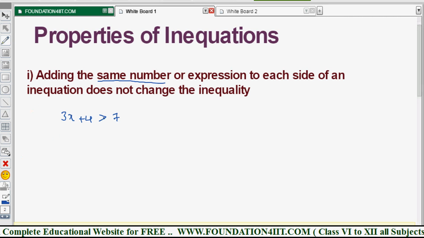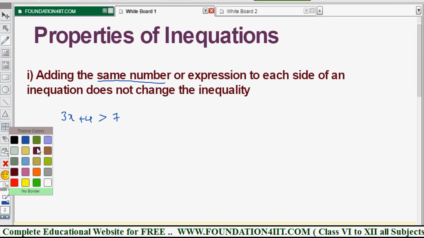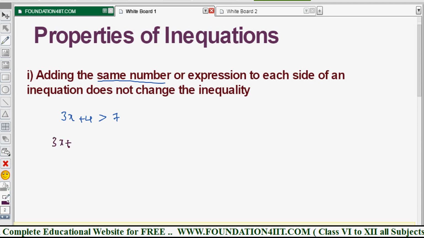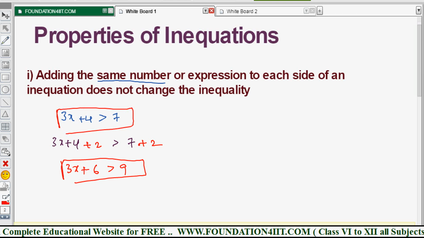So I am adding plus 2 on both sides. Then it becomes 3x plus 6 is greater than 7 plus 2, which is 9. So the value of the inequation does not change. These both are the same, and you get the same solution.